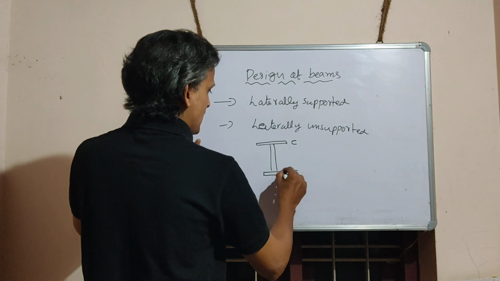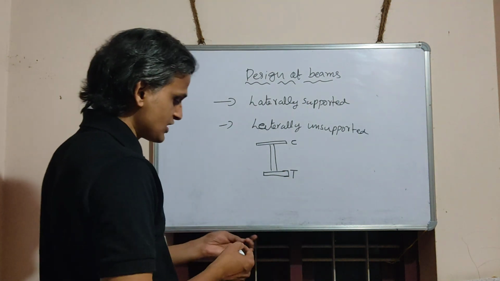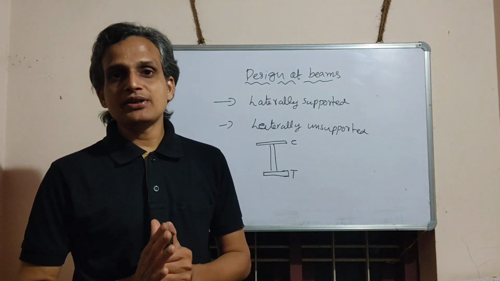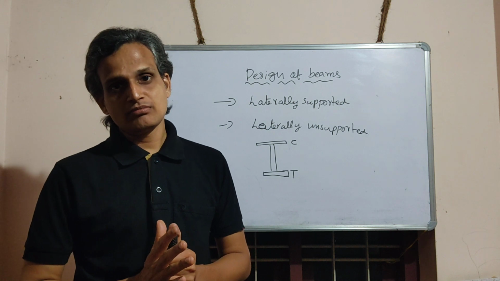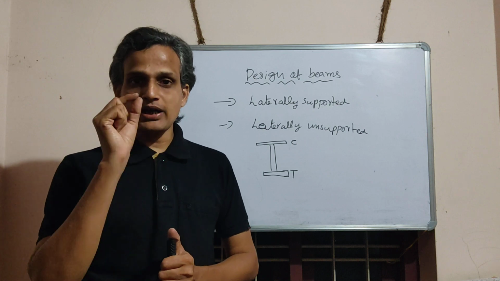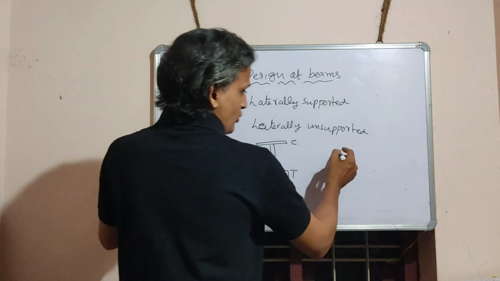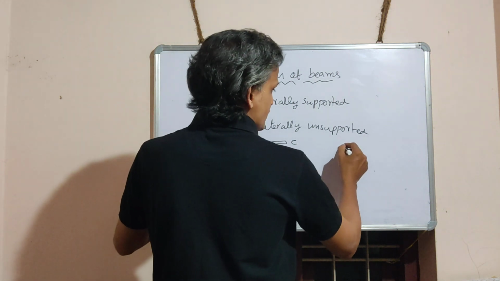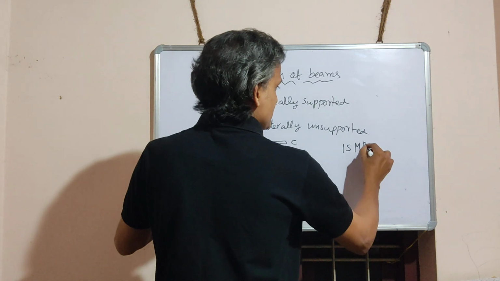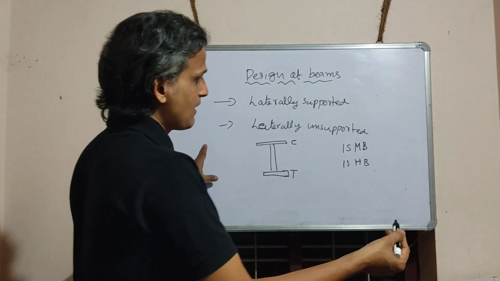Why am I selecting I section, not channel or any other shapes, angles? Most commonly used beam element is I section. That's why in steel table or SP6 itself, the name or specification for I sections is something like ISMB or ISHB or ISLB.